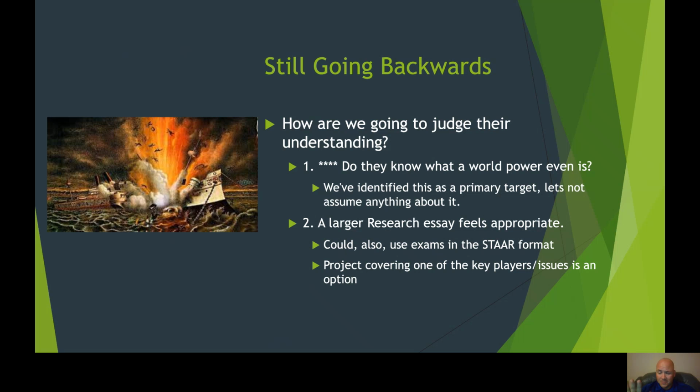So I think one of the first things that kids need to do in order to produce a product is show that they know what a world power is. This can be in some type of an acting scenario. This could be a simple, I hate knowledge-based small questions, but it can very easily be some type of basic definition. You have to assume this.